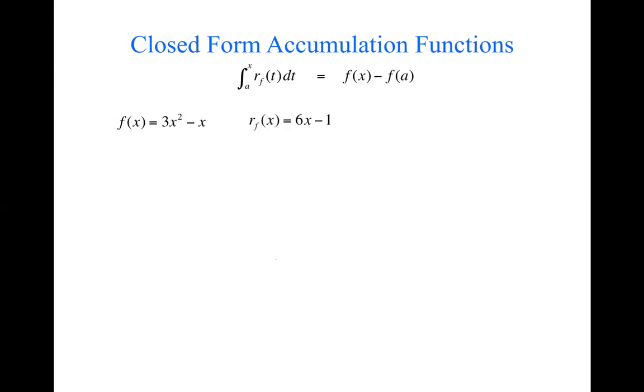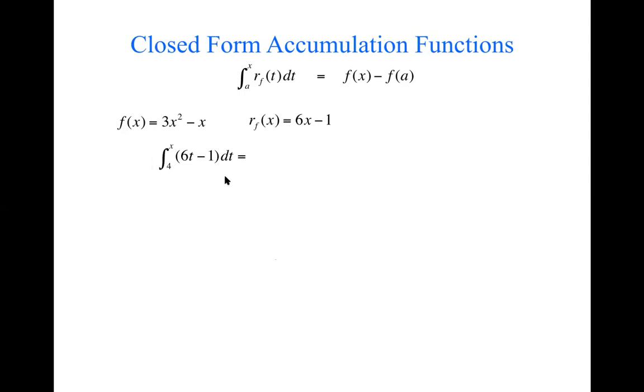I should know that as of like one day of learning about derivatives, some of the simplest ones. So I have this closed form accumulation function here. I can find its rate of change.